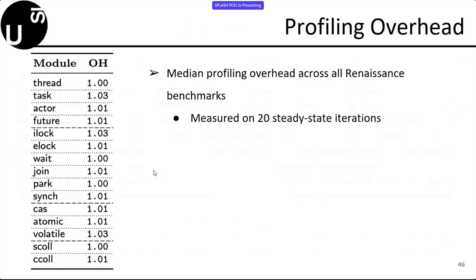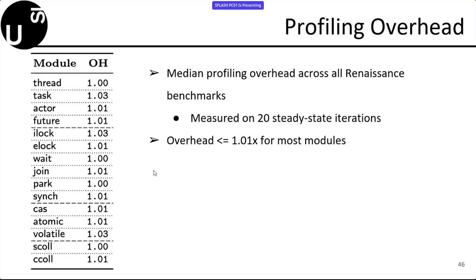So we can see that for most of the modules, the overhead is either lower or equal to a factor of 1.01. Here, the overhead factor is measured as the execution time of the applications when the instrumentation is active, divided by the execution time of the original application.